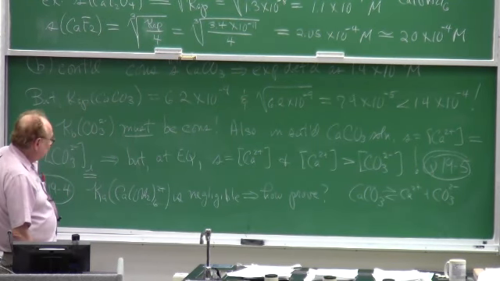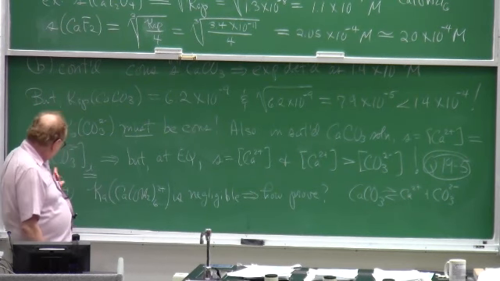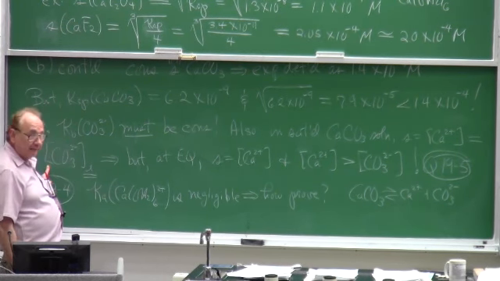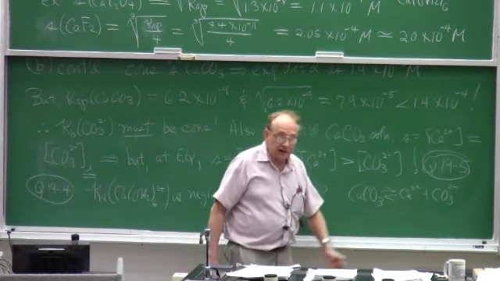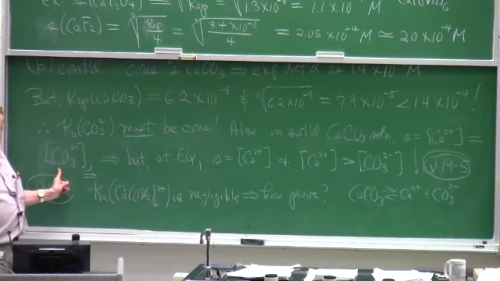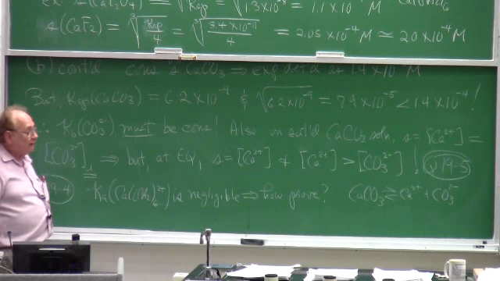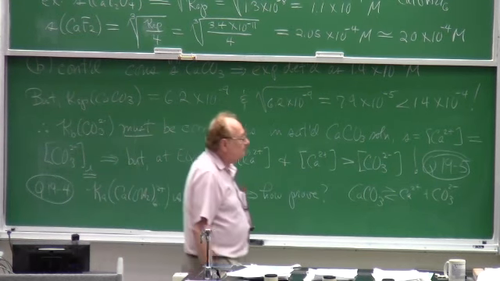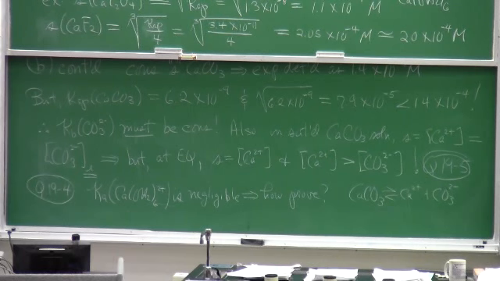Okay? So at equilibrium in calcium carbonate solution, the initial molarity of carbonate ion, that's how the molarity of carbonate ion is established by dissociation. But the initial molarity of carbonate ion is hardly the same as its equilibrium molarity, because carbonate ion then goes on to react with water and establish this equilibrium.